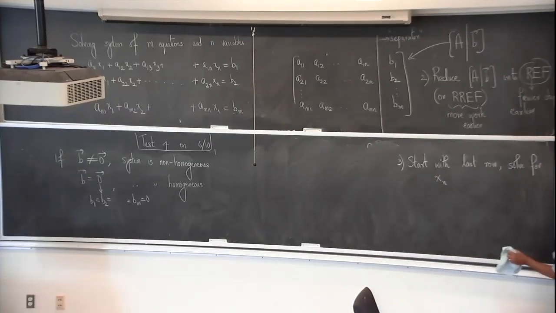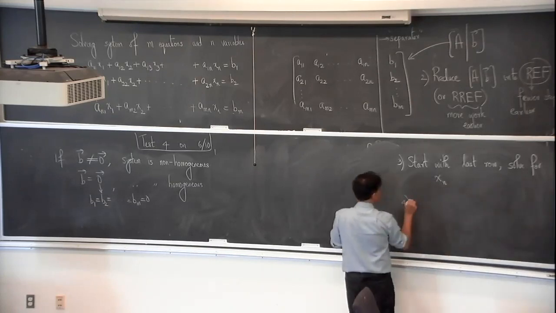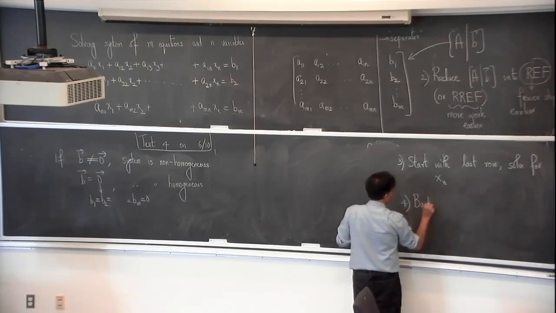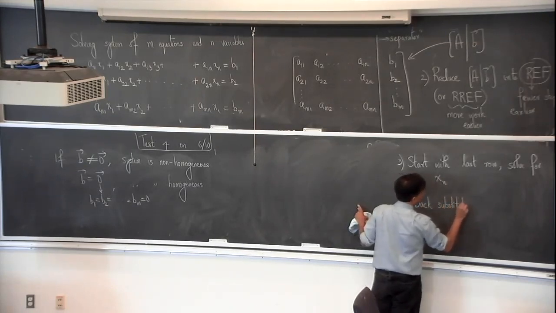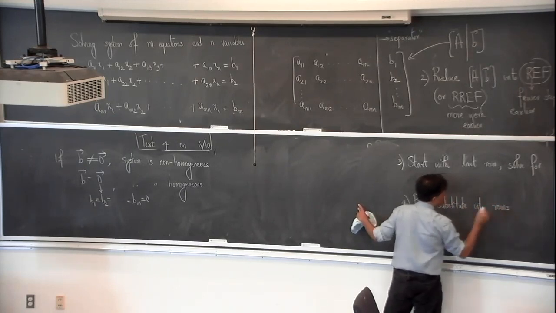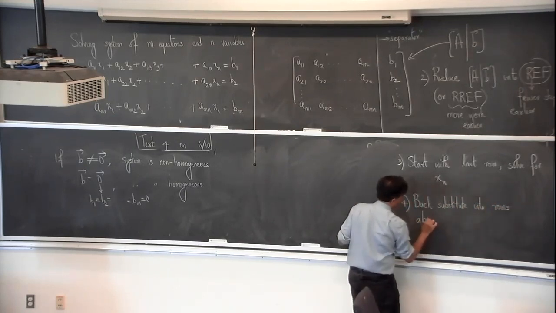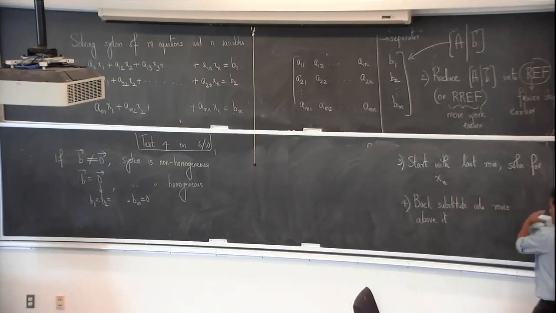And that is why this echelon structure is useful, because you've got a lot of zeros before that. xn is the only variable remaining there. Okay. And then step 4, back substitute into the rows above it. And at each step, you're trying to solve for one variable at a time.